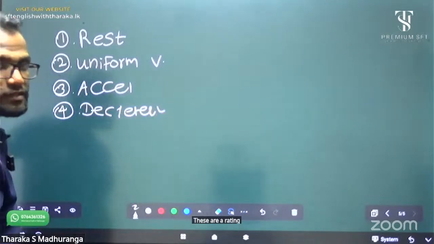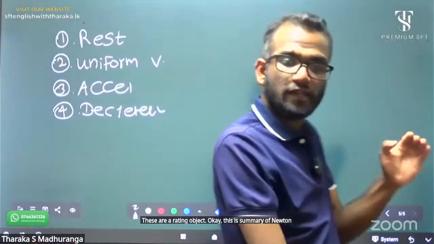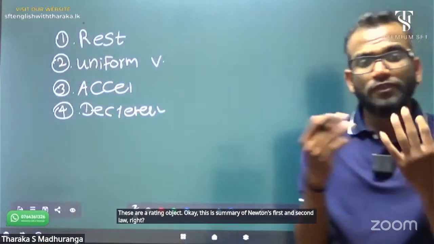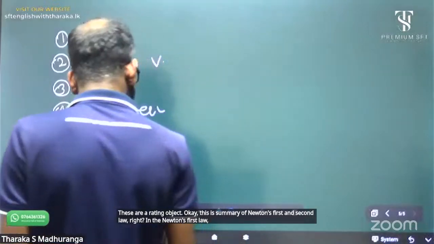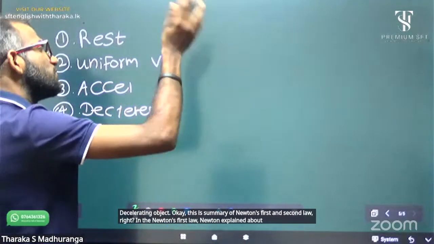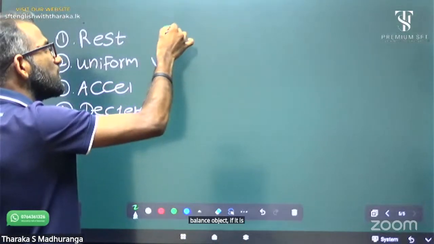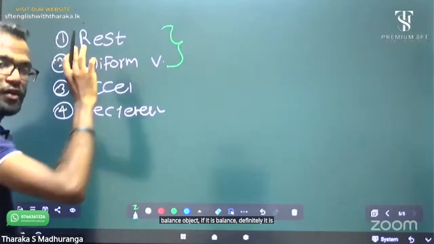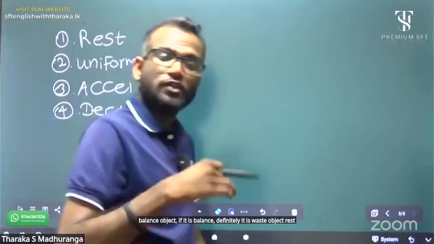Okay, this is the summary of Newton's first and second law. In Newton's first law, Newton explained about balanced objects. If it is balanced, definitely it is a rest object, or a moving object moving with uniform velocity.